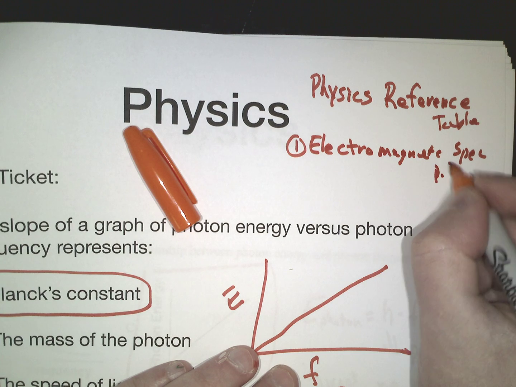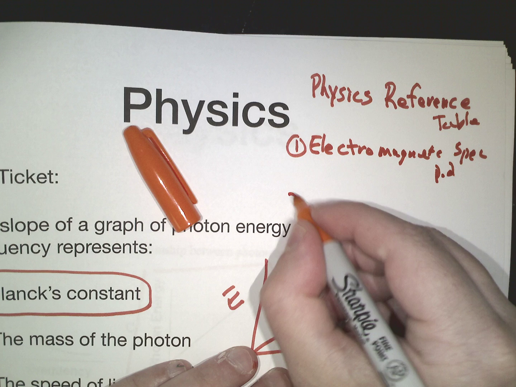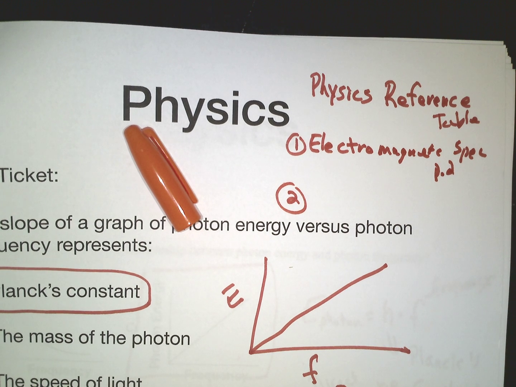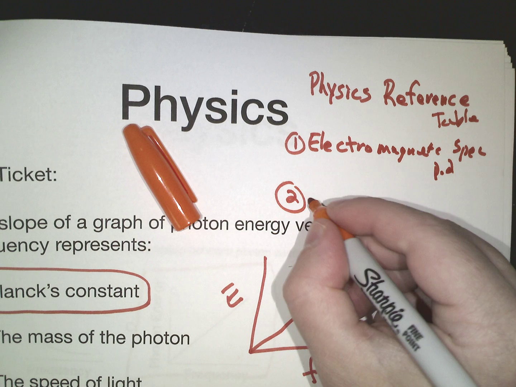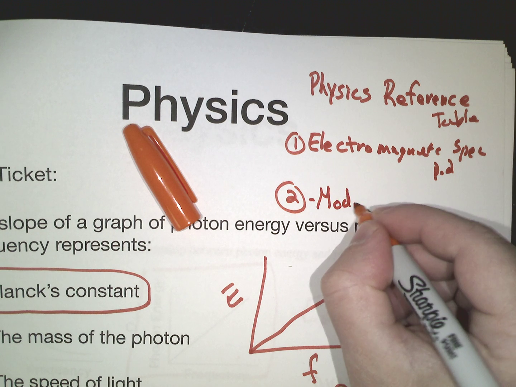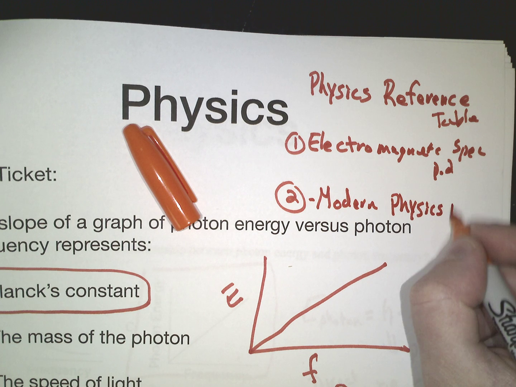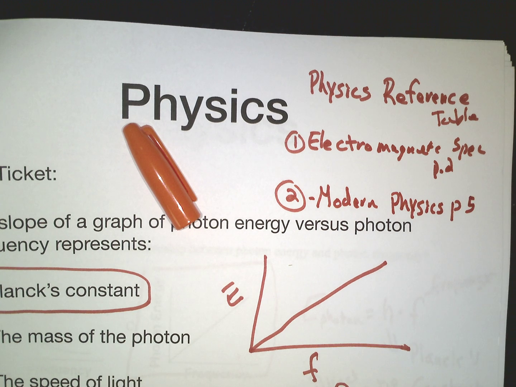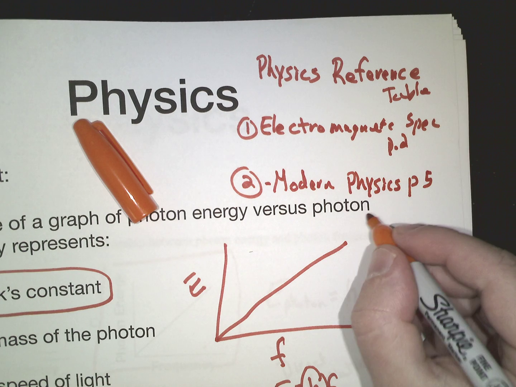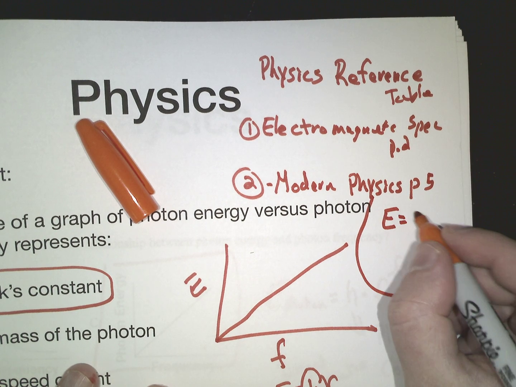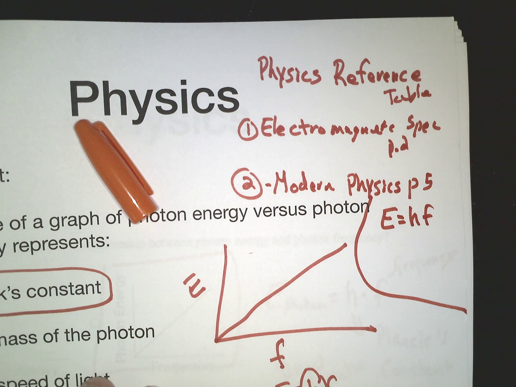The other important information, I'll give you the page. It's in the modern physics section, and that's on page 5. But really, what you need to know is these two formulas. As we just talked about, energy equals Planck's constant times frequency.